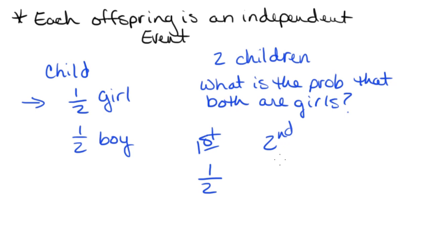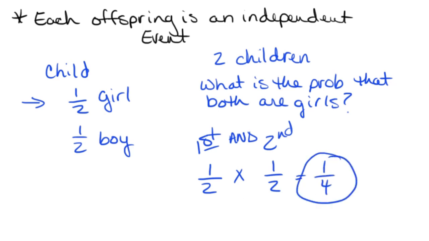Well, if we look at that one as a standalone event, the probability that the second one's going to be a girl is also 1/2. So all we would do here is take these independent events, because we want this one and this one, and we multiply them together and we get an overall probability of 1/4. Okay, so if you have two children, you have a 25% chance or a 1/4 chance that both of those children are going to be girls.